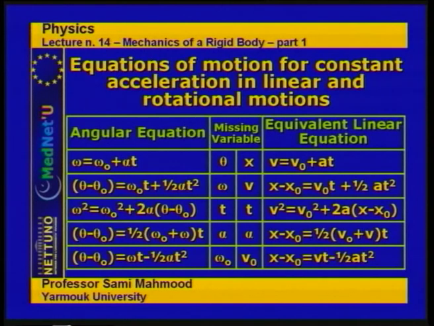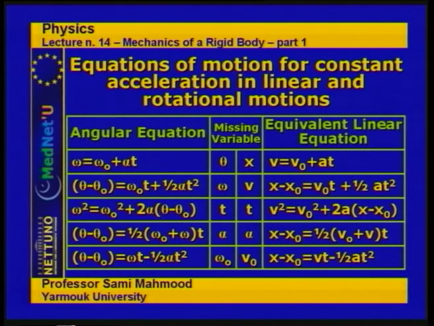If we eliminate any one of these 3 common quantities between the 2 equations, we get a new equation. So eliminating omega in the beginning, we obtain delta theta equals omega naught t plus 1/2 alpha t squared. Eliminating omega naught, we obtain delta theta equals omega t minus 1/2 alpha t squared.